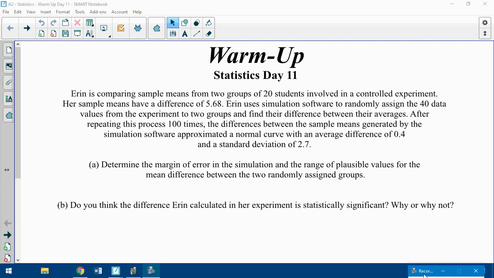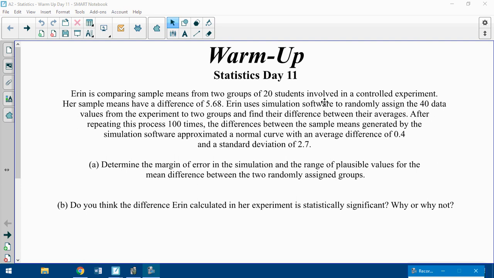Now let's talk about what this is saying. There's two groups of 20, so 40 students total. Her specific grouping has a difference of 5.68. Then she's randomly taking these 40 students, two groups of 20, and assigning them to two different groups. So this is that whole comparing two groups thing like we did in the last video.